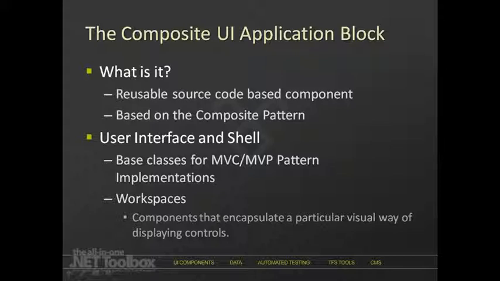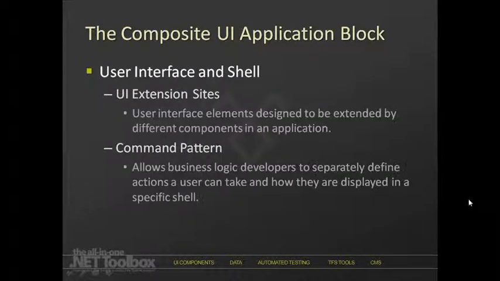It also comes with several workspaces, and a workspace is basically a user control or component that encapsulates a particular visual way of displaying a control. And I'm going to show you how to use those here in a bit. Also included with the user interface and shell pieces are the UI extension sites.